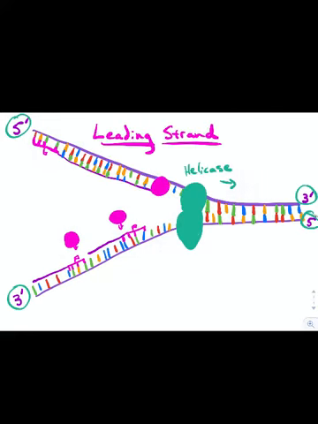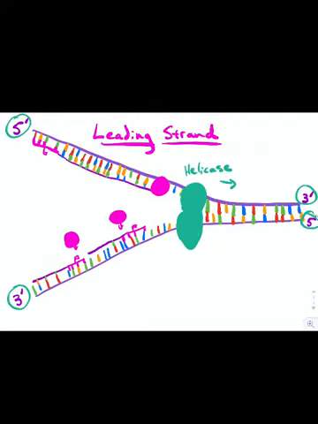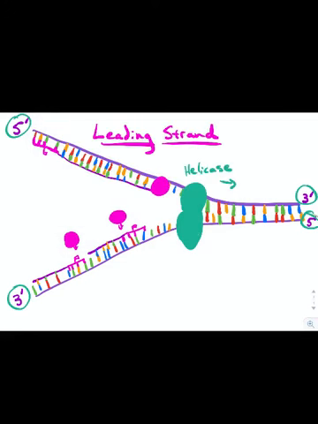And same thing here. It's not going to be a pretty illustration, but hopefully you'll get the idea. And so it goes through and lays down those DNA sections in these short fragments. We actually call those Okazaki fragments.